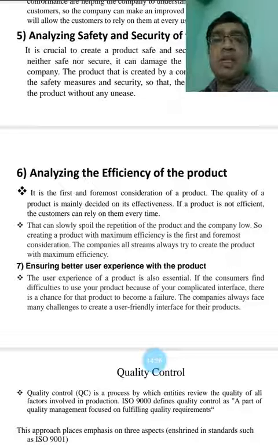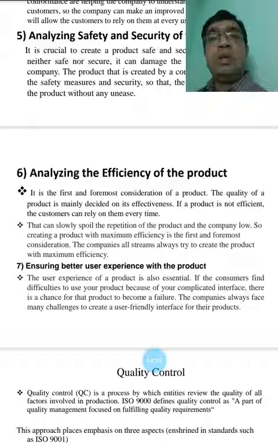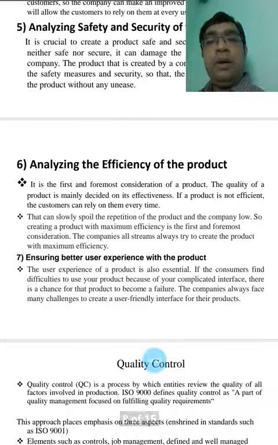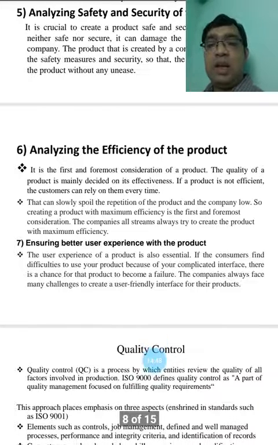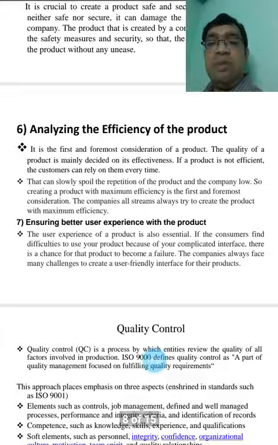When the feedback system is taken, each and every time the customers give a review and the efficiency is low, then these customers always give negative feedback, and this negative feedback will be detrimental to your company as well as the production system, and it can slowly spoil the reputation of the product and the company.